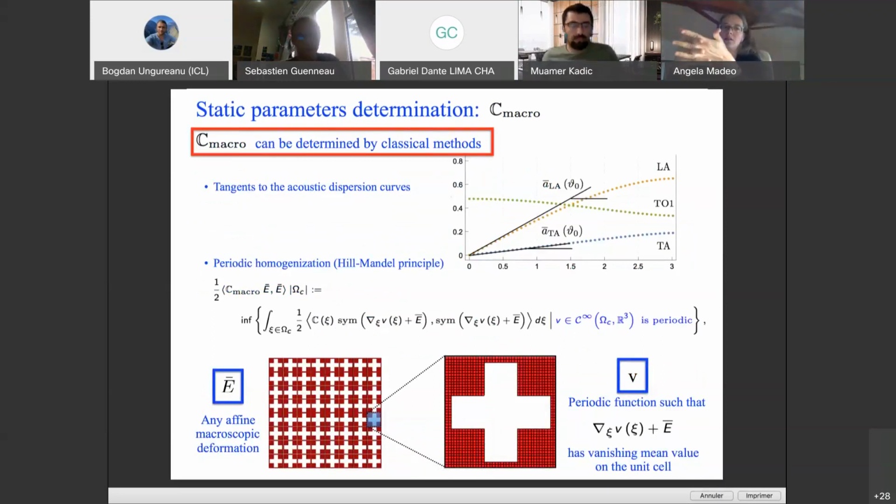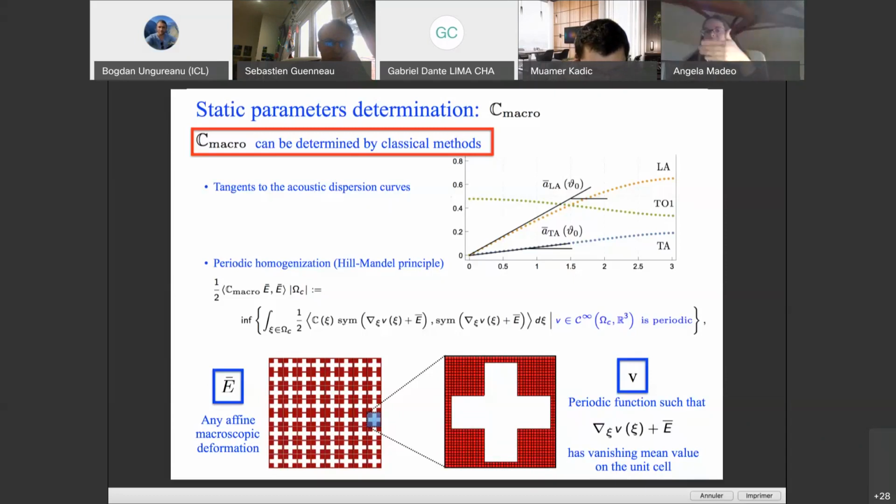So let's see how we can estimate C macro. C macro is the standard elasticity tensor. So either we calculate it by estimating the slopes of the Cauchy curves. In the isotropic case, it will be related to lambda, mu, or the Young modulus and Poisson ratio, no matter. We take our tangent to the Bloch-Floquet acoustic curves close to the origin.